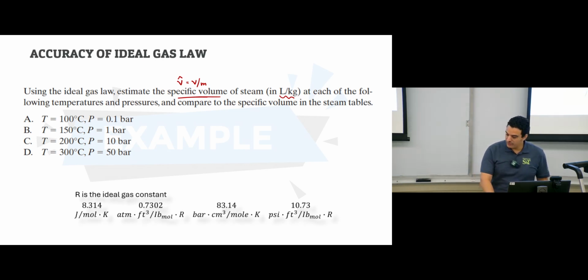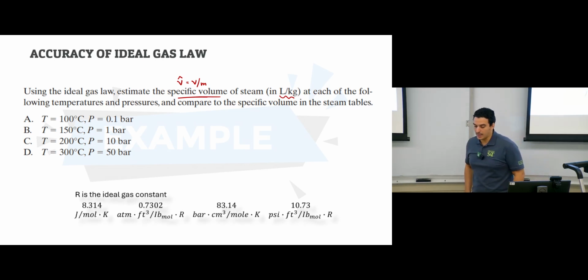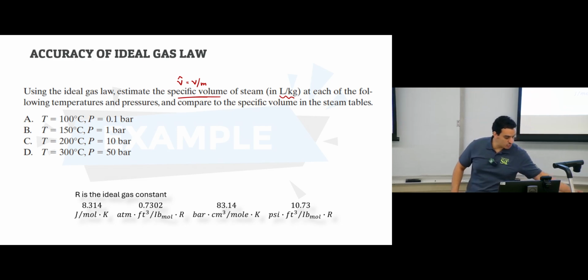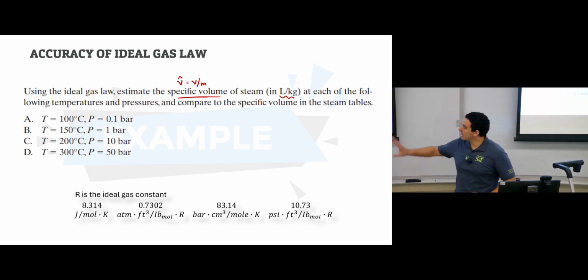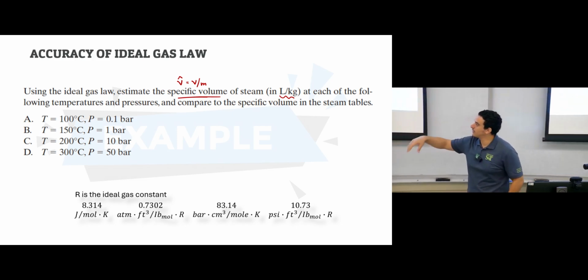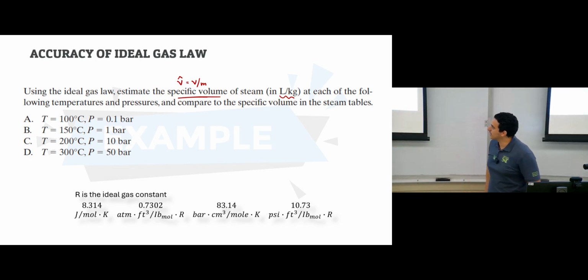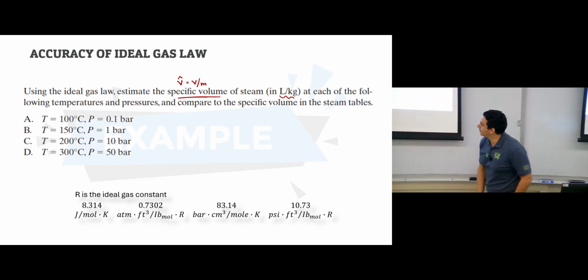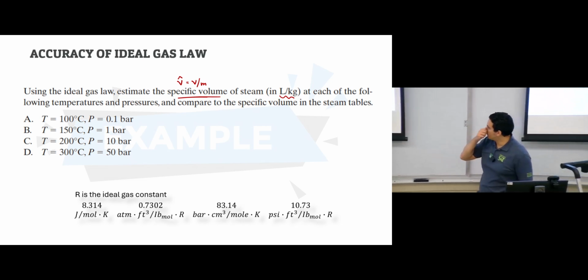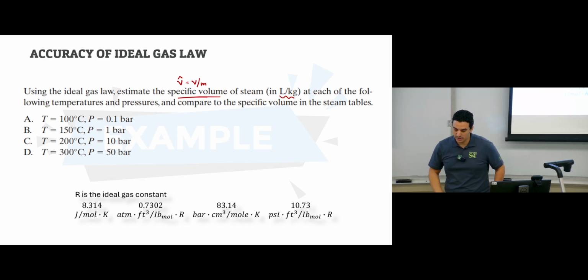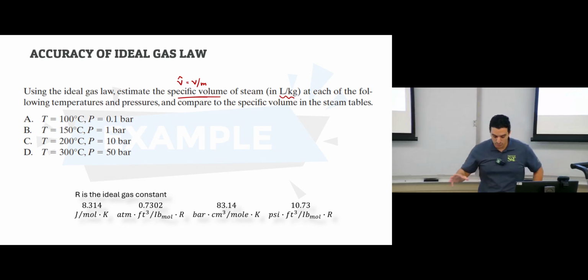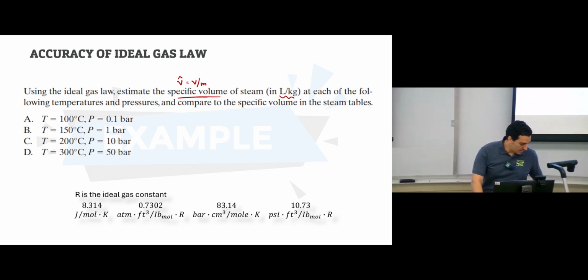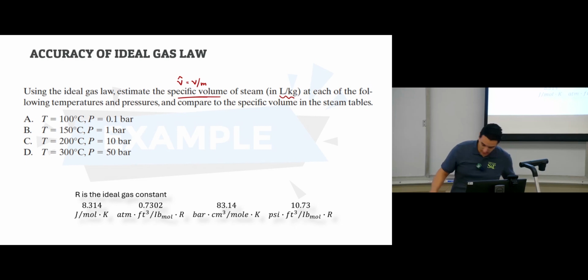Again, these are the values of R that we can use in this problem. We have R in units of joule per mole Kelvin. We have the value of R for atmosphere, feet cubed per pound mole and Rankine. We have R for bar, centimeter cubed per mole Kelvin, and we have R for PSI, feet cubed per mole Rankine. We have one more value, let me write this one.